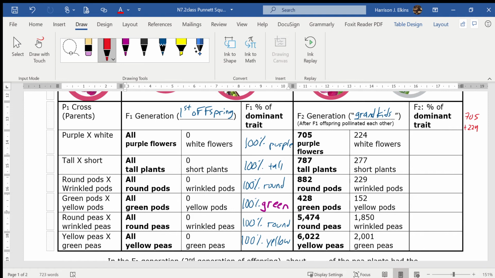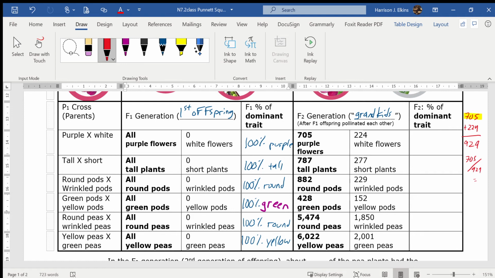When I add those up, I'm going to get 929. So if I want to find the percentage of dominant, I'm simply going to divide 705 by 929.